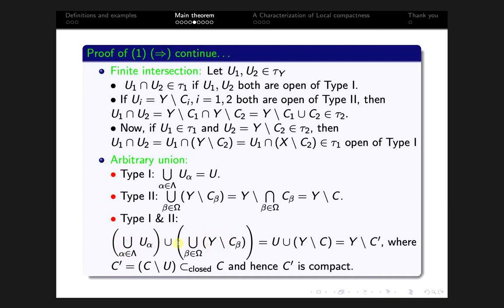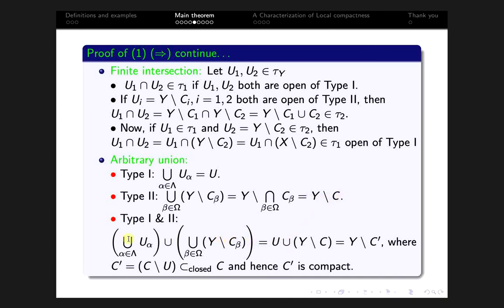This is the second collection, open sets of type 2. Then the union of U alpha is U, again an open subset of type 1, and here we have seen that the union of Y minus C beta equals Y minus C.